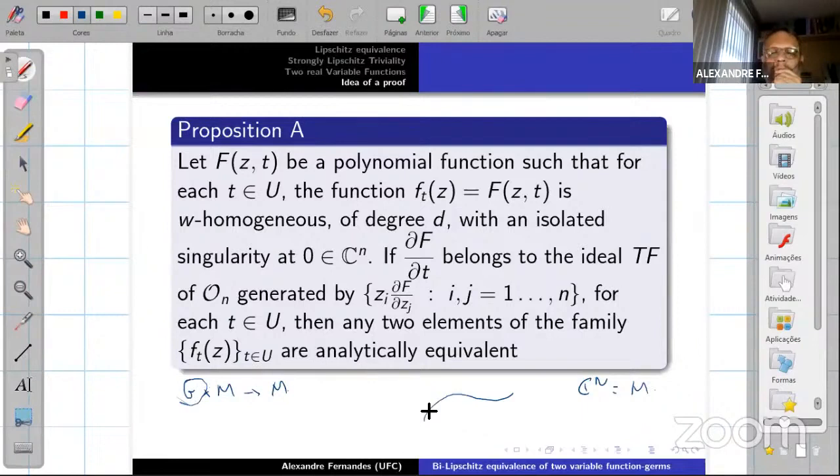Then you have the orbits of this action. The mother lemma is in the setup that, up to some hypothesis, you can guarantee this path is included in only one orbit of this action.